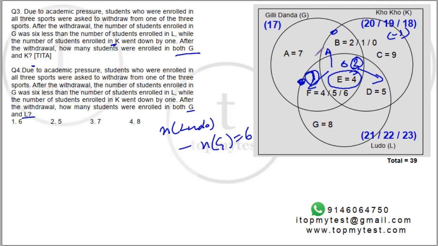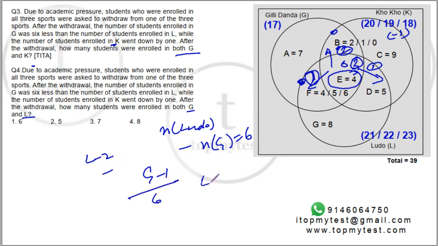Now, if I plug 2 here and 1 here, Gilli Danda will fall by 1 and Ludo will fall by 2. After this, the difference should be 6.